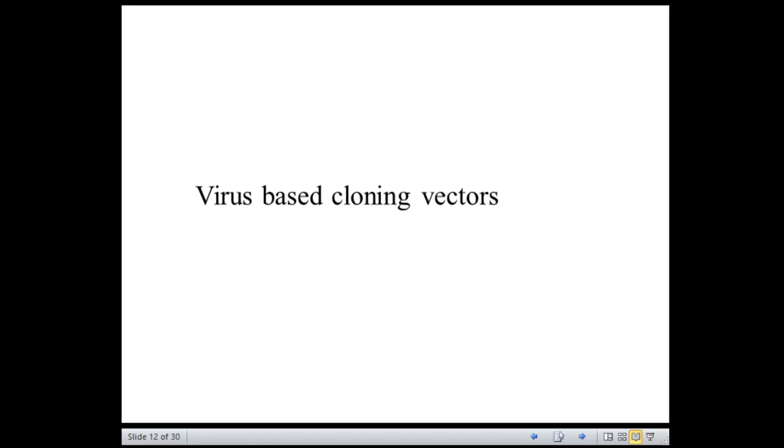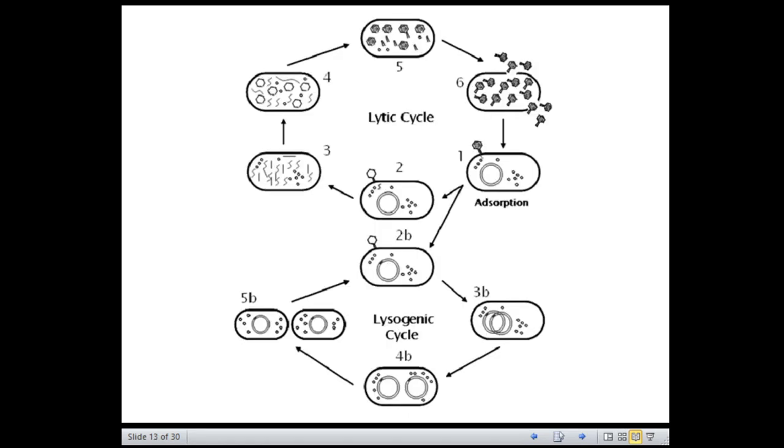Cloning vectors derived from one bacteriophage are commonly used since they offer approximately 16-fold advantage in cloning efficiency in comparison with the most efficient plasmid cloning vectors. So, this is a very good advantage.